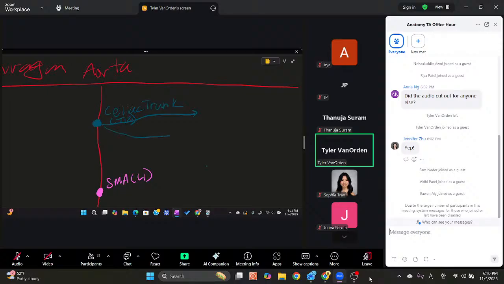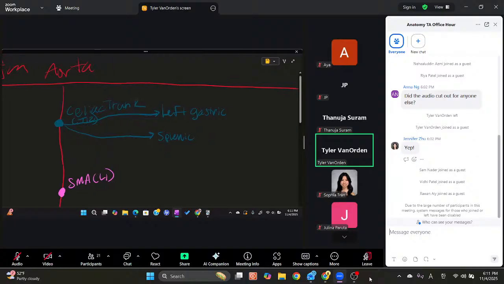Let me just draw it like this. You have the left gastric artery. So again, it's going to the left and gastric, so it's going to the stomach. And then you have the splenic artery. I think we all know where the splenic artery is going.